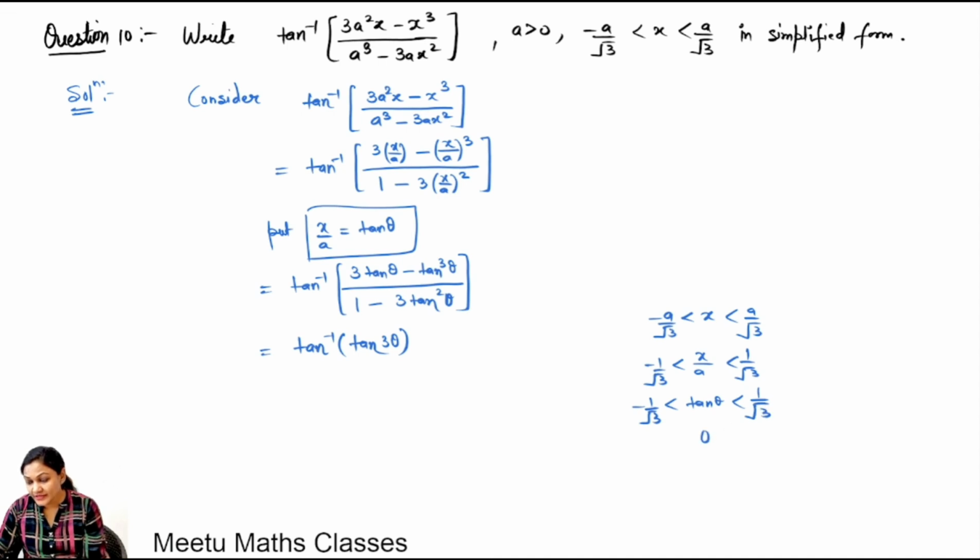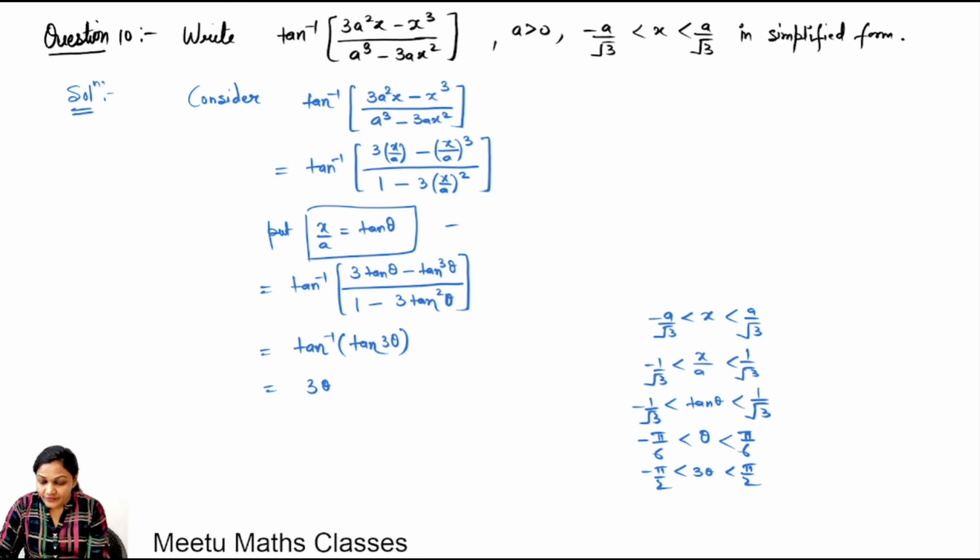So theta will lie between minus pi by 6 and pi by 6. If we multiply with 3, then 3 theta will lie between minus pi by 2 to pi by 2, and this is within the range of tan inverse. So hence invertible, tan inverse of tan 3 theta is equivalent to 3 theta.